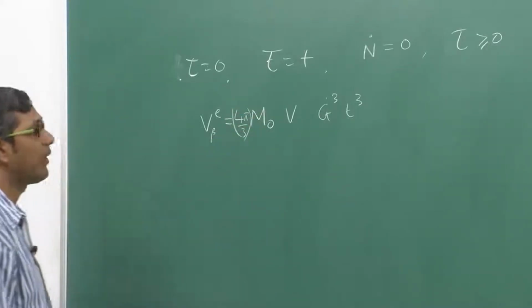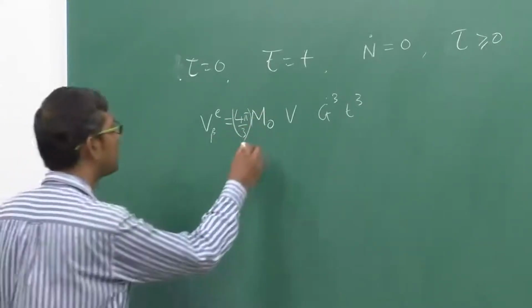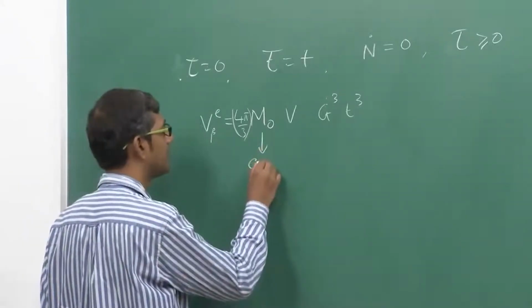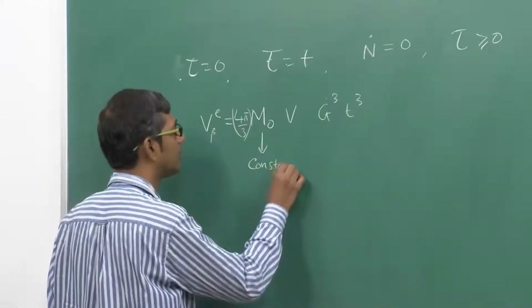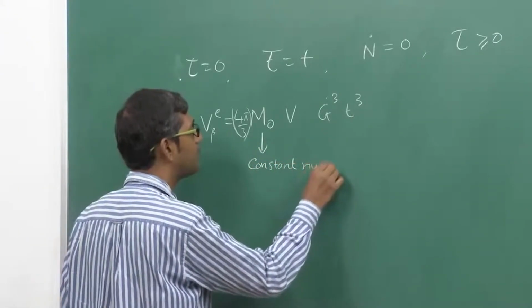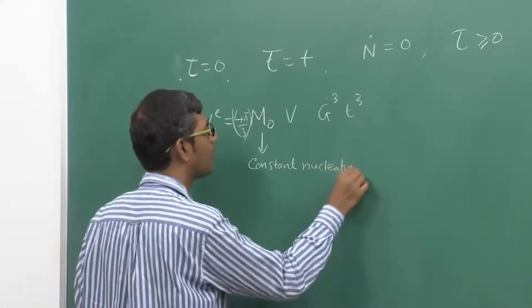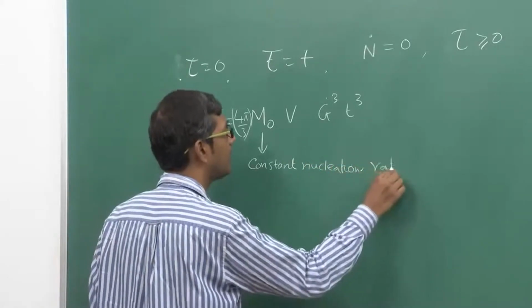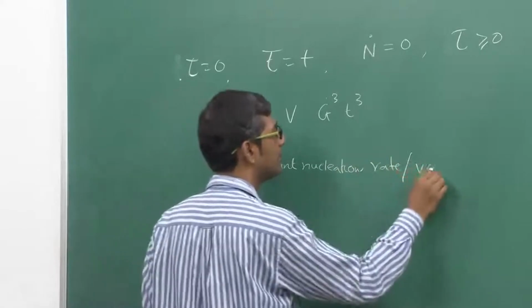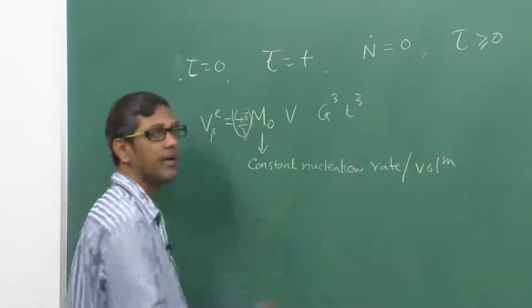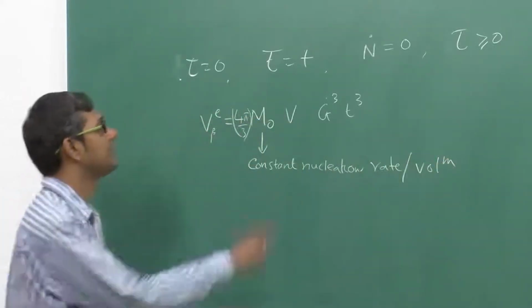Why is it so? Here N0 is the constant nucleation rate, it is not changing. It was there at the beginning of the transformation, all the nucleation was there, the nucleation rate per volume, and that is why you multiply by V. And G to the power q is there.